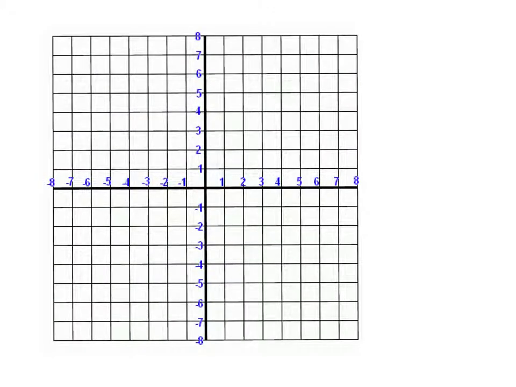Alright, so let's graph our points on here. We had (6, 0), so we'll put a dot there. And we had (0, 4), so we'll put a dot there. And now I draw a line between the two, like that. Now, if we remember, the formula was 2x plus 3y equals 12.